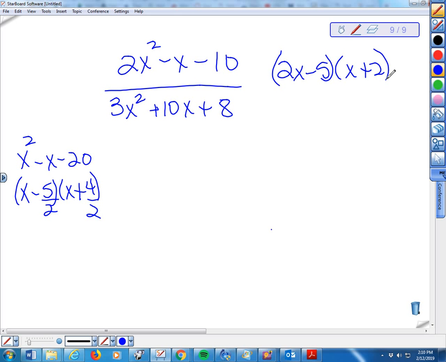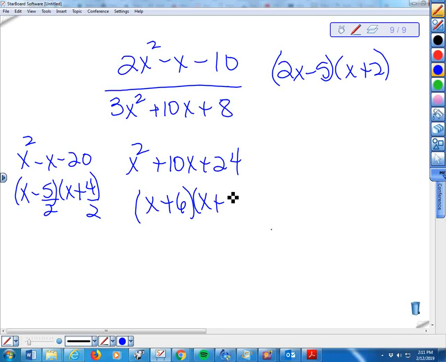Follow me there? In the denominator then, x squared plus 10x plus 24, 6 and 4. Is that right? Divided by 3. So I have x plus 2, sorry, and 3x plus 4.